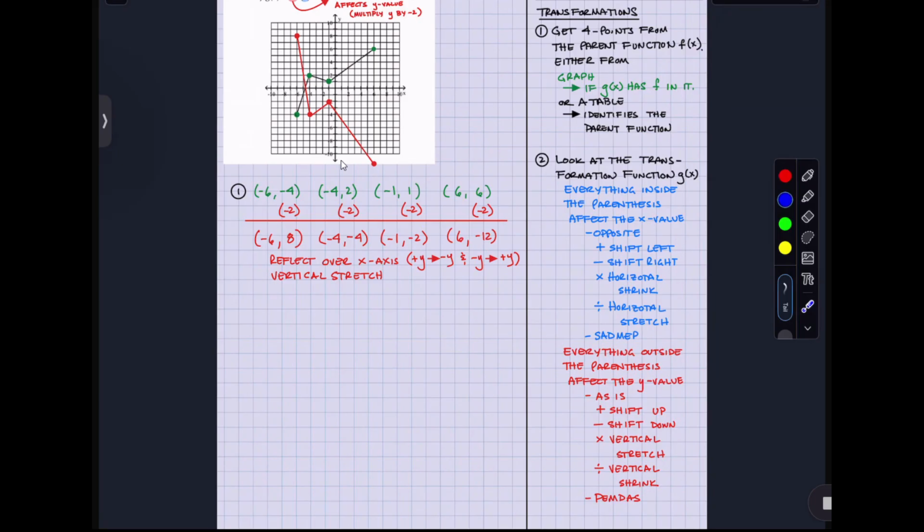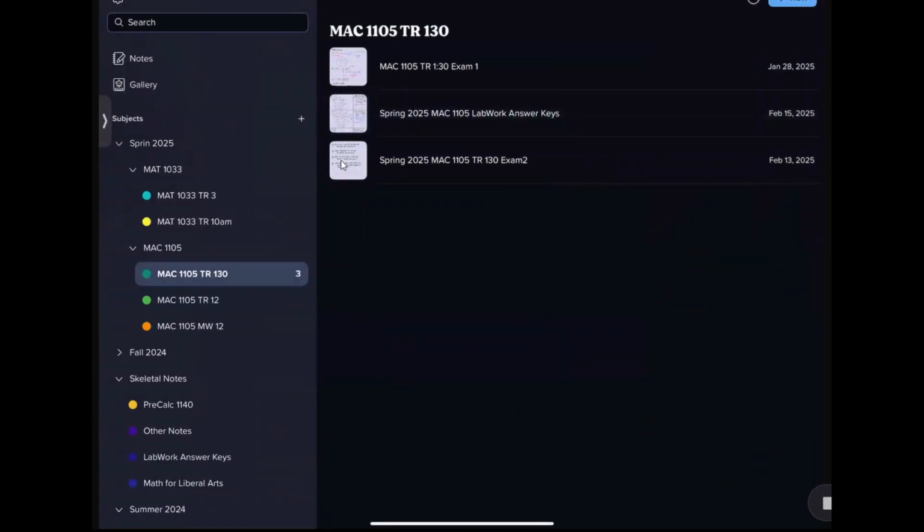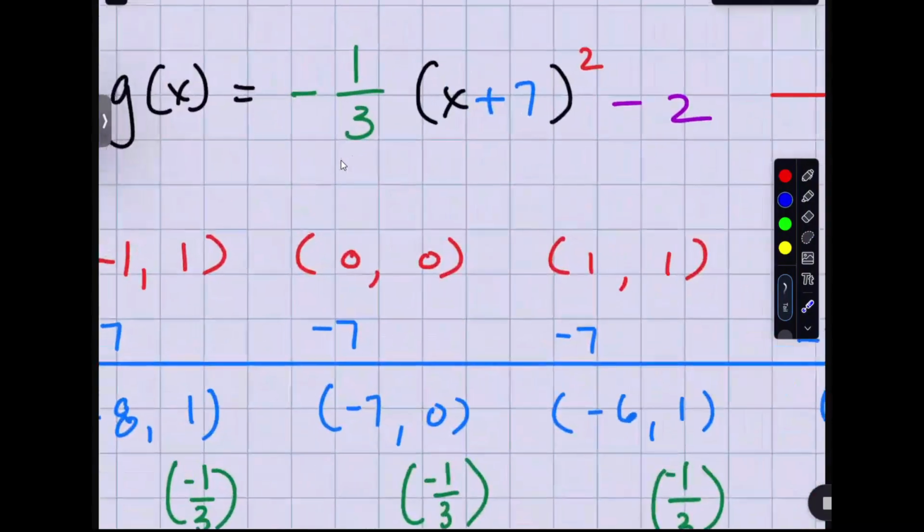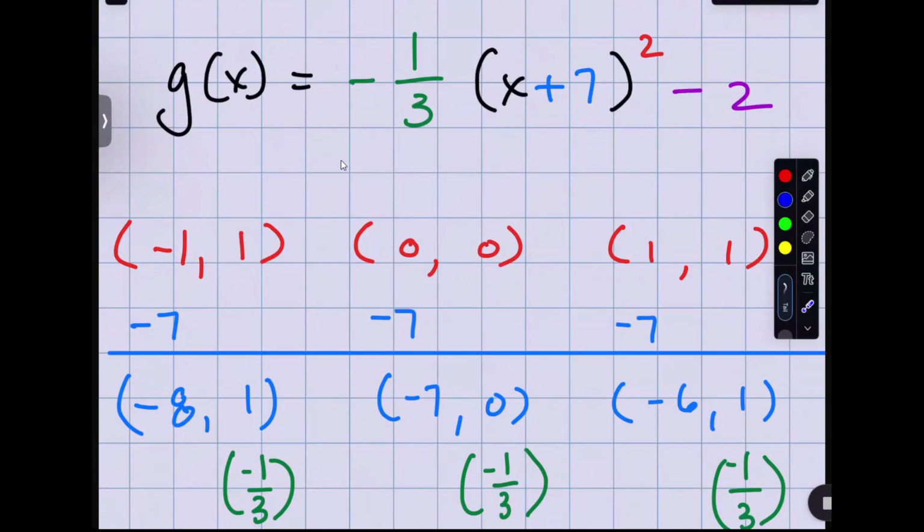Can everybody pull out their lab work 6, number 4? Everybody pull out their lab work 6, number 4.